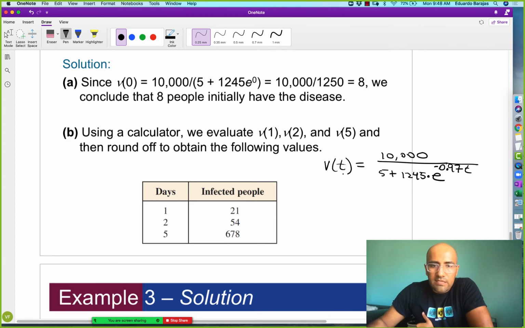Okay, so if we replace the t with a 1, we'll get this number. We replace the t with a 2, we'll get this number. Replace it with a 5, we'll get this number right here.